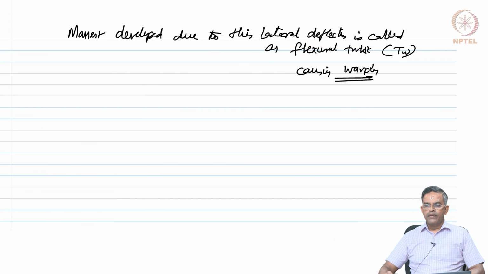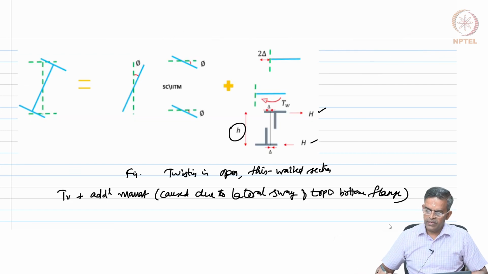It also idealizes that each of the flanges bends as a rectangular beam about its minor axis. That is an assumption we make.